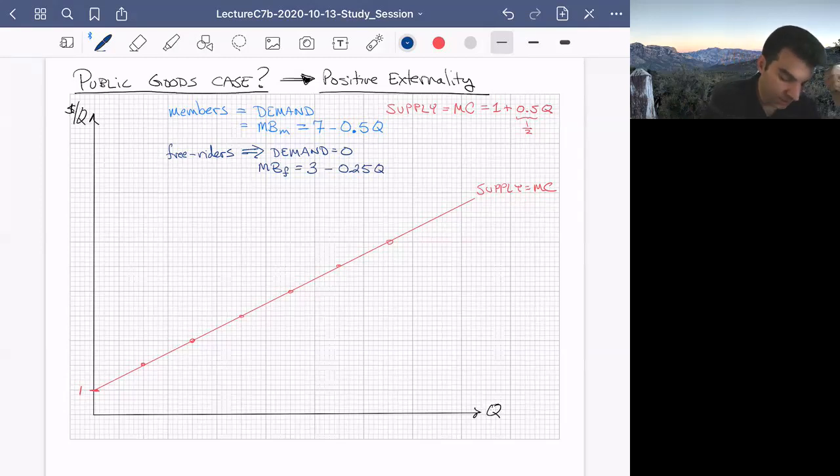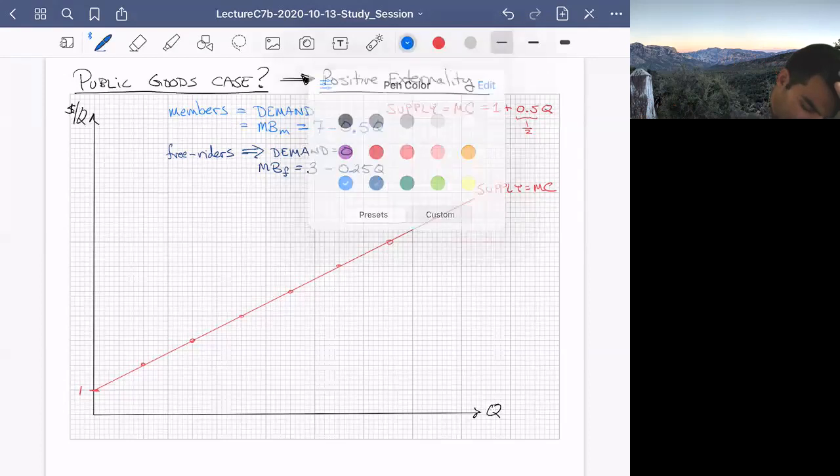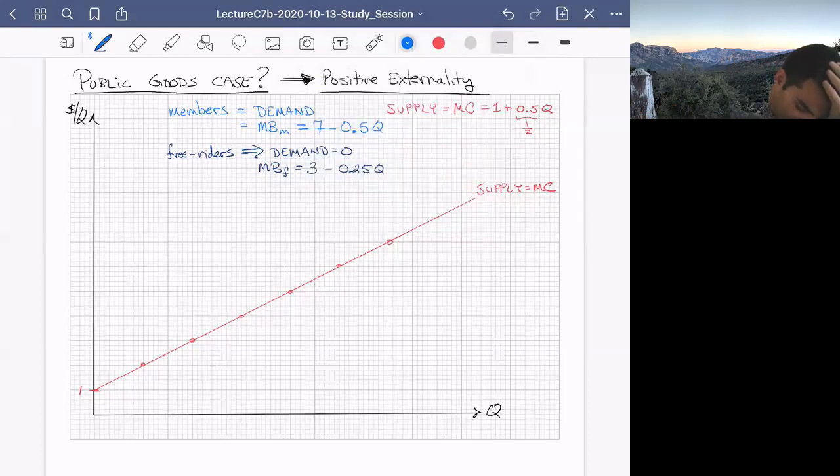And so the demand curve is just from the member group, and so I can plot them up here: 2, 3, 4, 5, 6, here's 7. And then for every 2 that I go over, they drop 1.